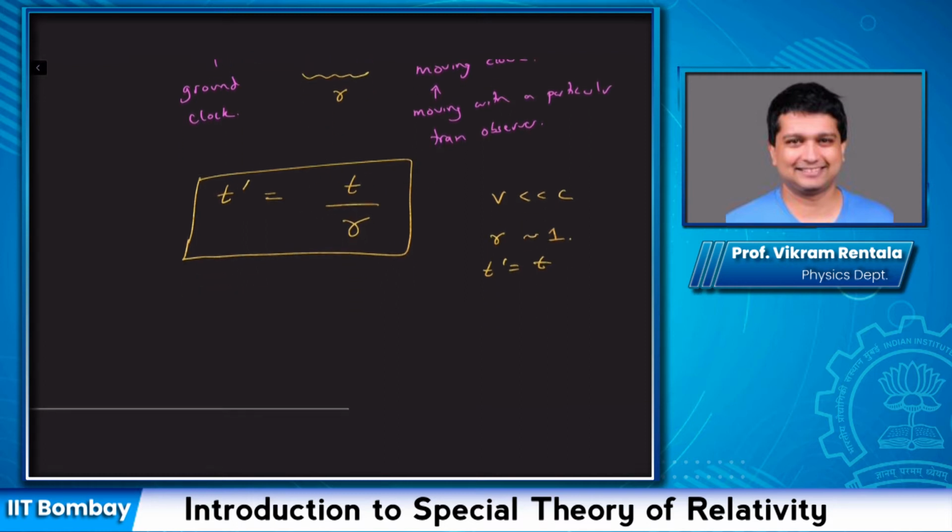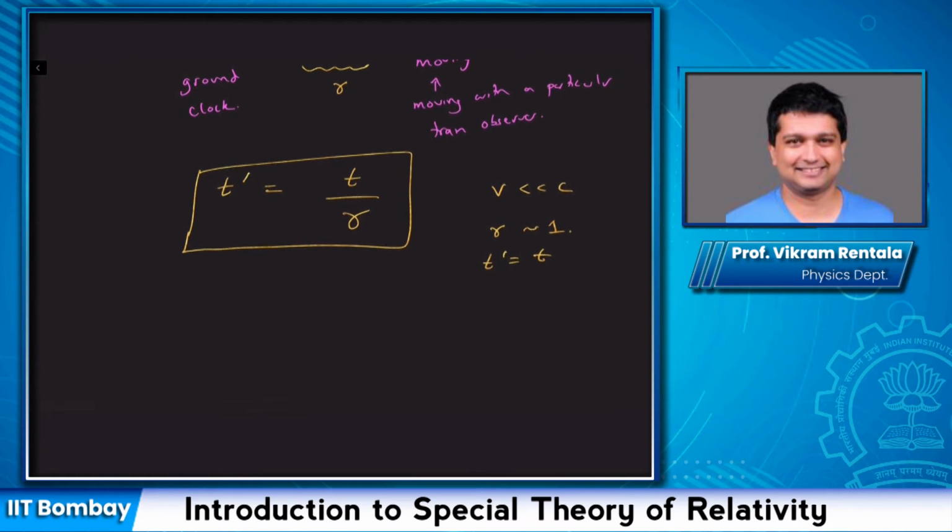However, what you can see is, if I ask about a time interval as seen by the ground observer, which is some fixed value of t, it would yield a value of t prime which is smaller.